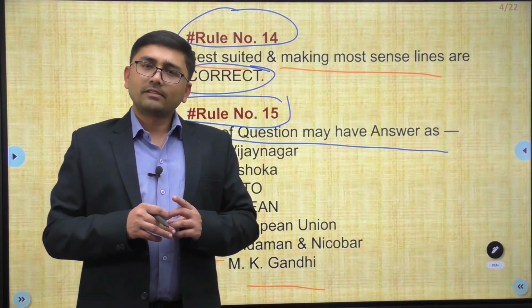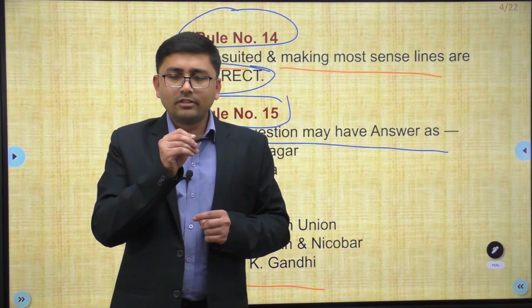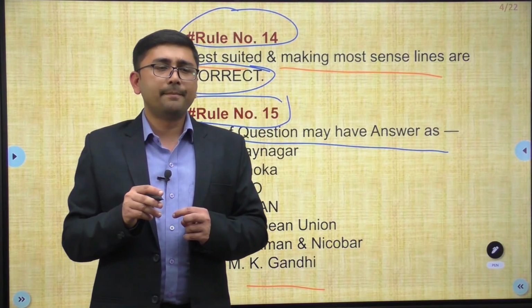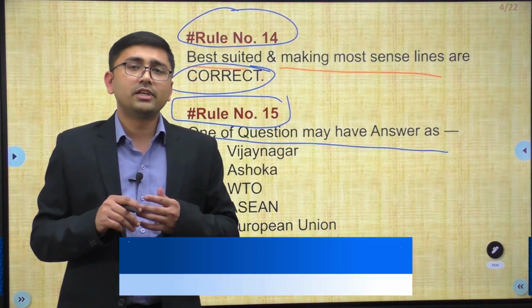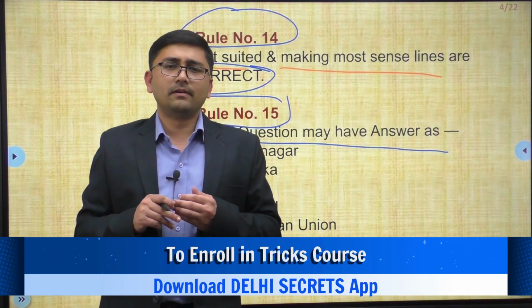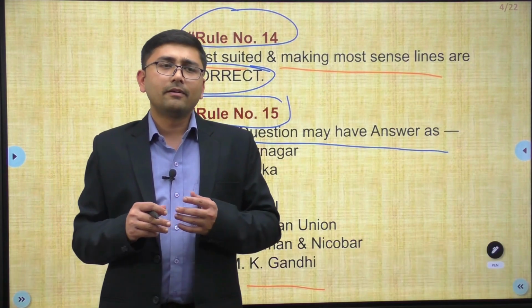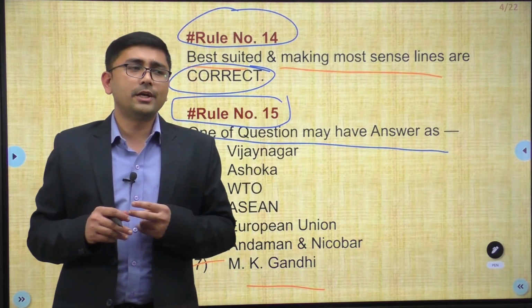The same thing happened when I solved the paper in the actual exam. I came to a question: Songs from Prison was written by, and there was MK Gandhi in the options, and Sarojini Naidu in the options.